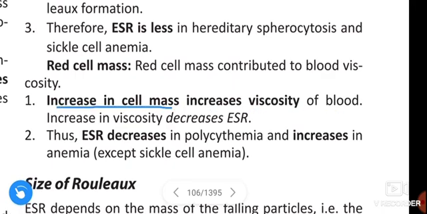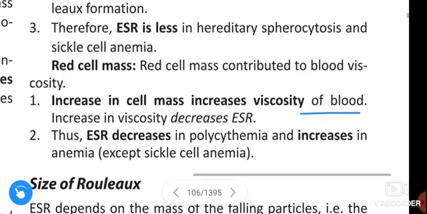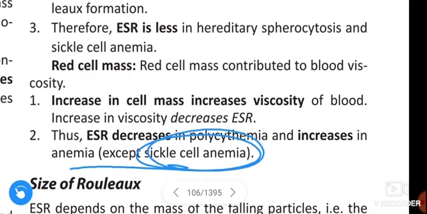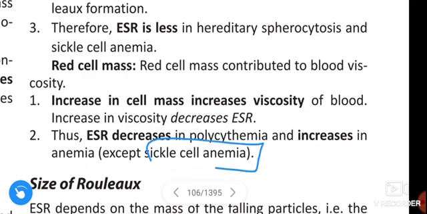Increase in viscosity decreases erythrocyte sedimentation rate. Therefore, erythrocyte sedimentation rate decreases in polycythemia and increases in anemia, except in sickle cell anemia, where, due to its shape, the erythrocyte sedimentation rate decreases.